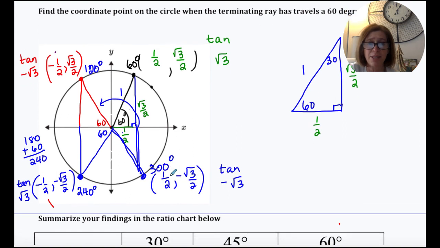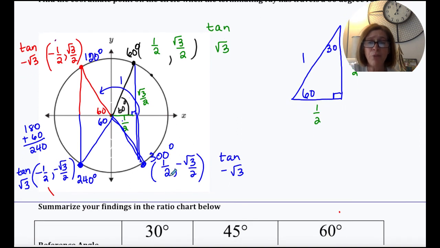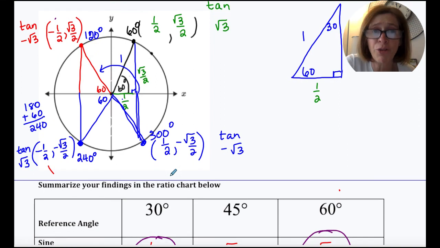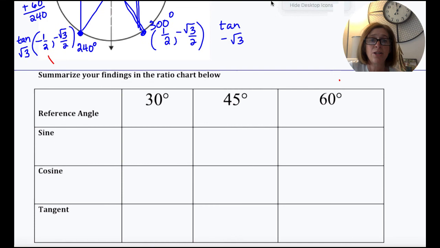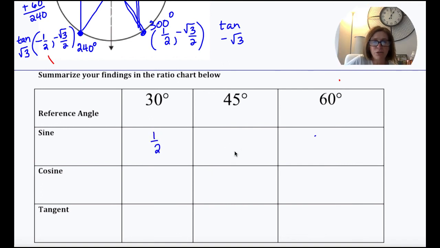So now we can kind of put this together. 30, 45, and 60 are the reference angles. If you know them, you'll know all the other angles in the circle. So you really only have to know these guys, okay? So let's recap them. The sine of 30, 1/2. 45, √2/2.